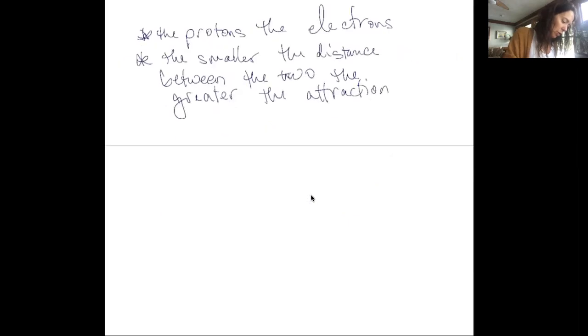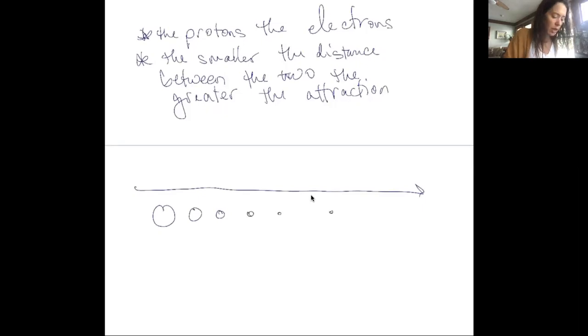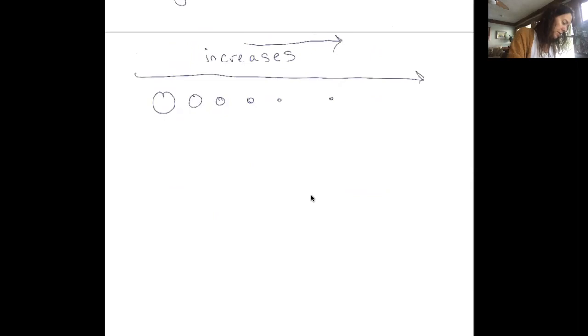Okay? So when I go across, as I see the size of my atom getting smaller, I see that the distance between the outer edges and the center, the nucleus, is less. So I have greater attraction for electrons as I move across. As I go down, right, I have atoms getting larger.